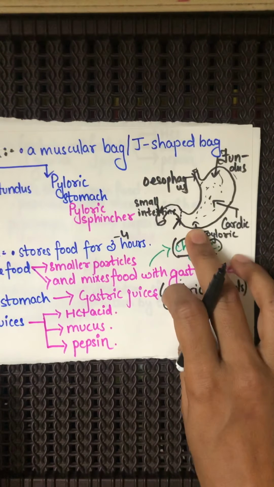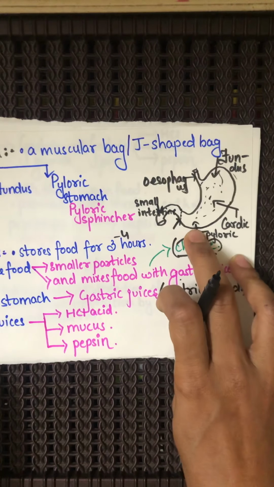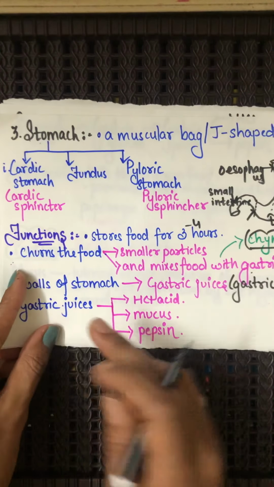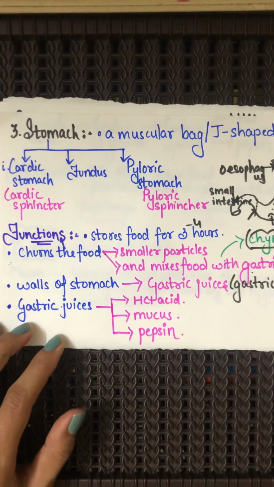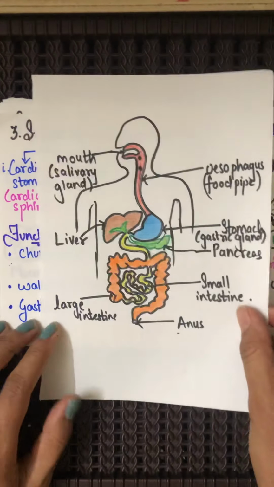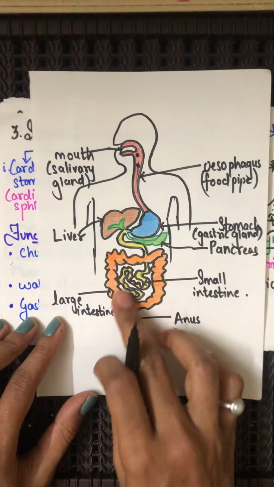The stomach wall contains gastric glands. These glands secrete gastric juices, and these juices are HCl acid, mucus and pepsin. We shall understand the different functions of all of this in part 5.